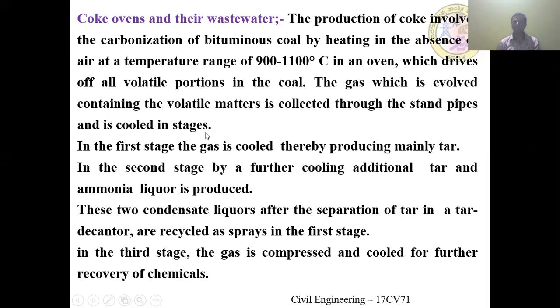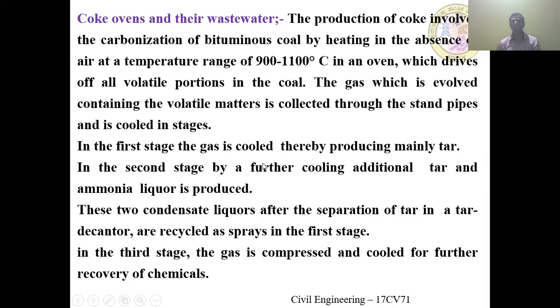So in the second part, you go for carbonization of bituminous coal by heating to 900 to 1100 degrees centigrade, and the volatile portions are evaporated or escape, and can be cooled at different stages.